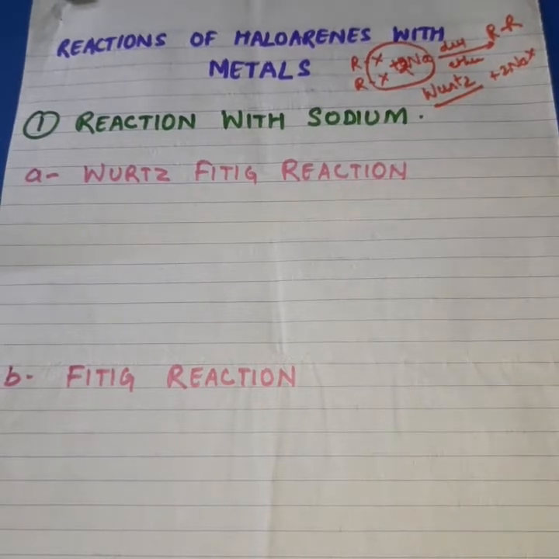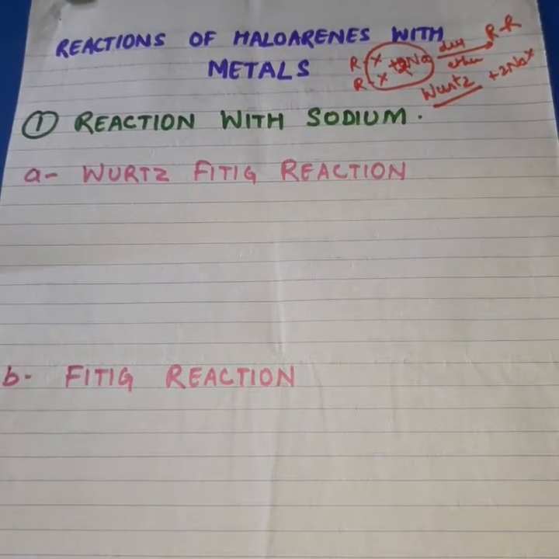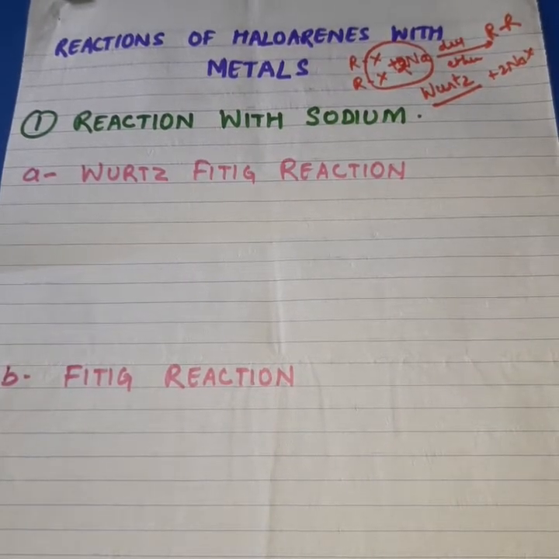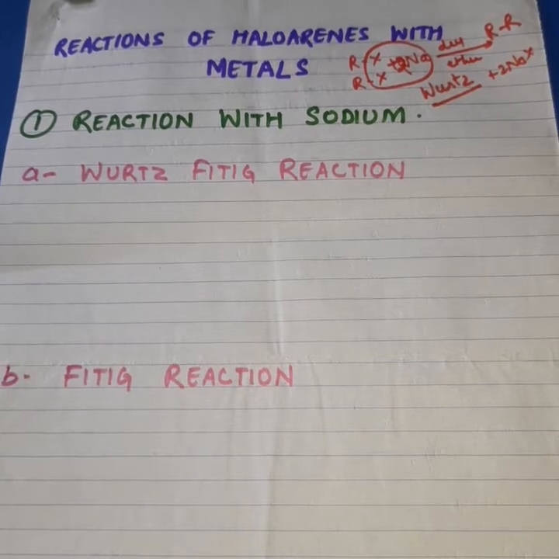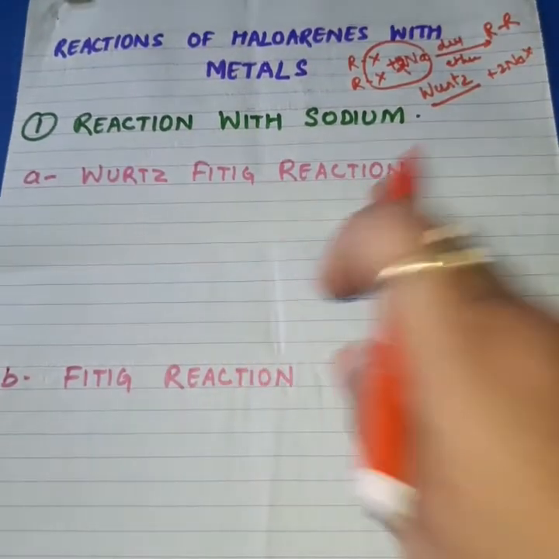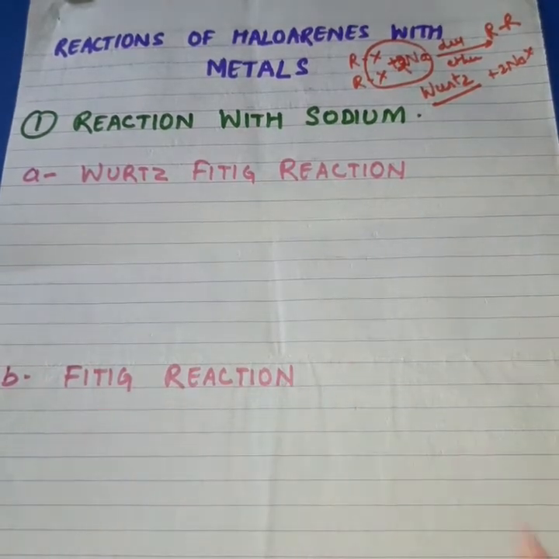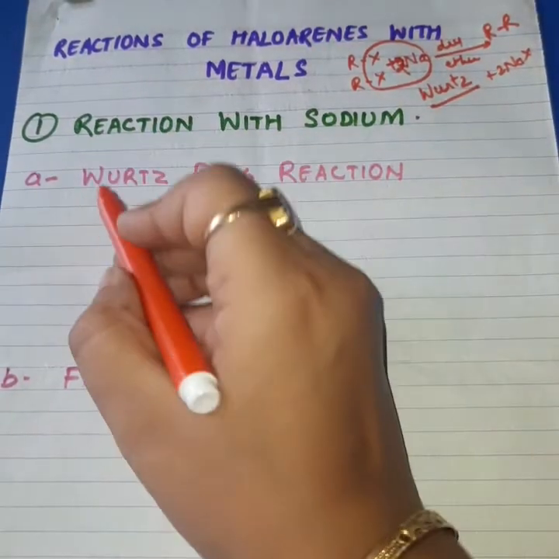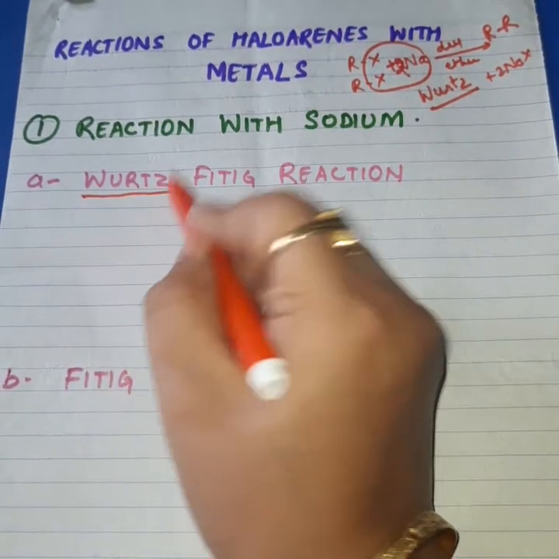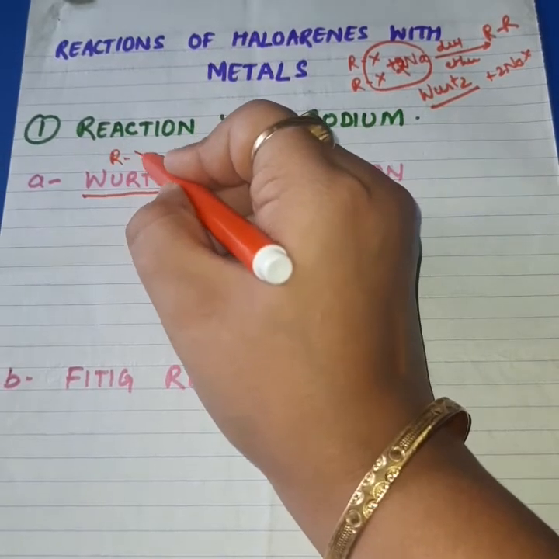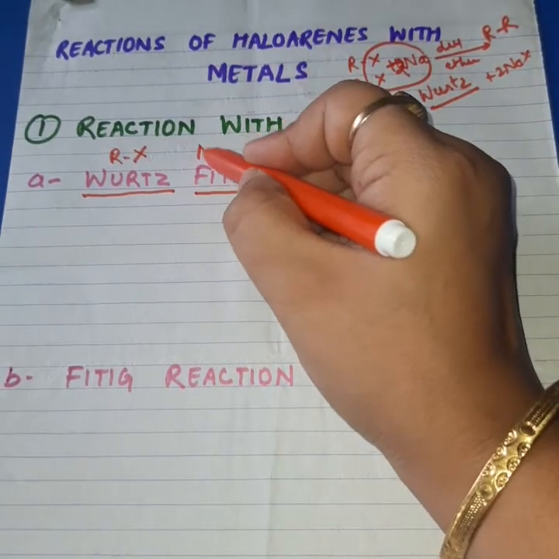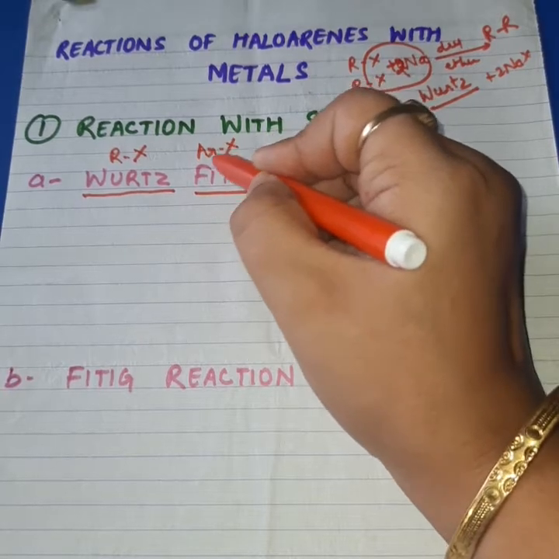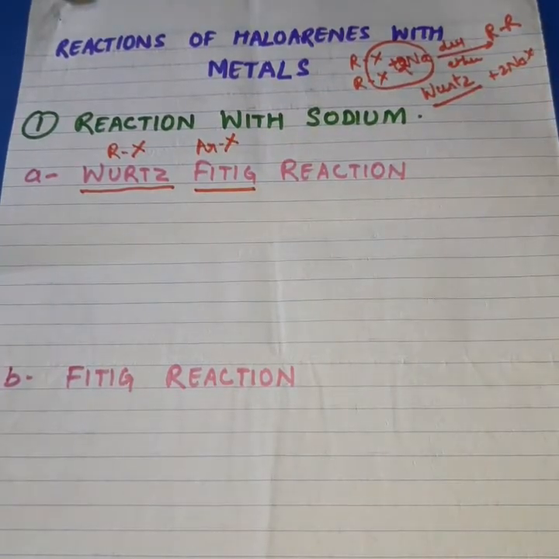In the same way, when we talk about haloarenes and their reaction with sodium, we have two name reactions: the Wood's Fittig reaction and the Fittig reaction. Wood's is related to alkyl halide RX, and Fittig is related to aryl halide ArX, aromatic halogen compounds.